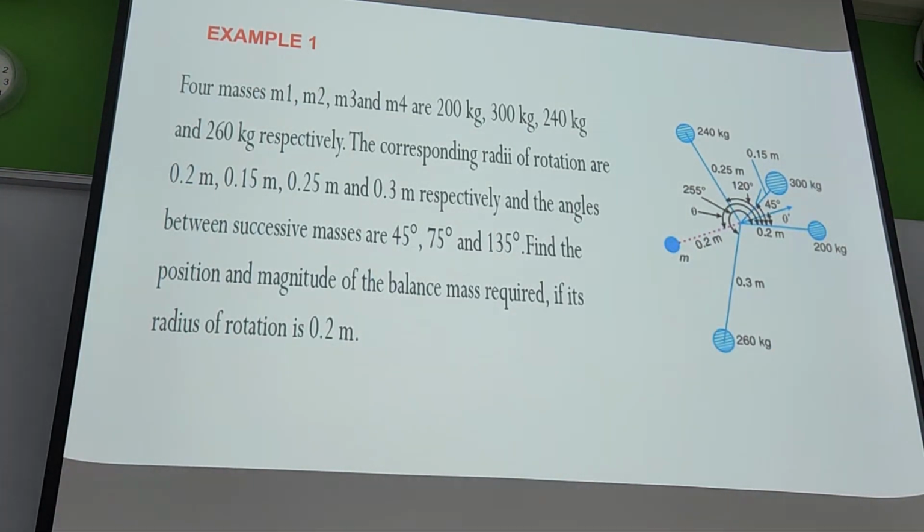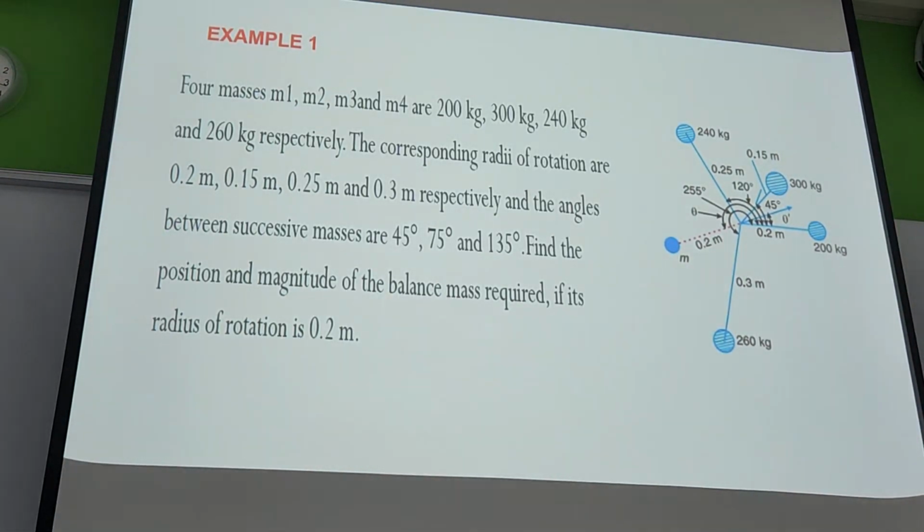The angles are given: theta 2 is 45 degrees, theta 3 is 75, theta 4 is 130. The orientations are shown here. Now what you need to find is the position and magnitude of the balancing mass required.